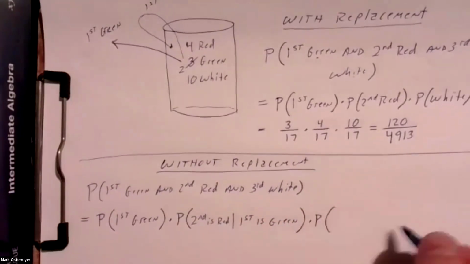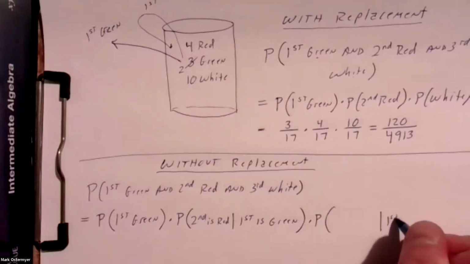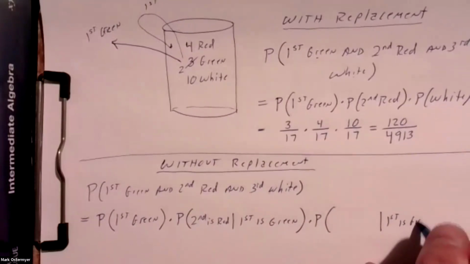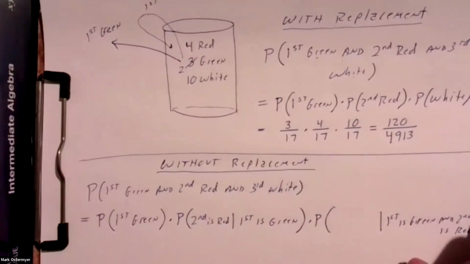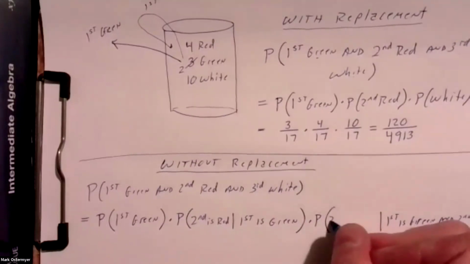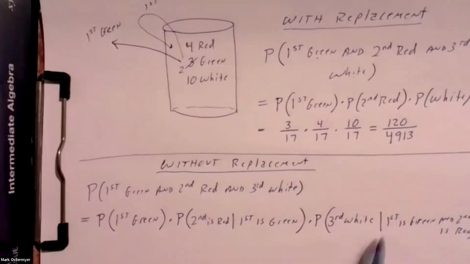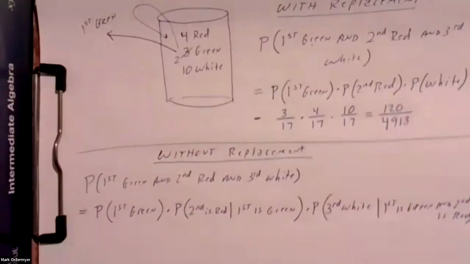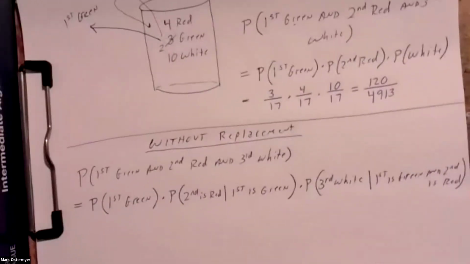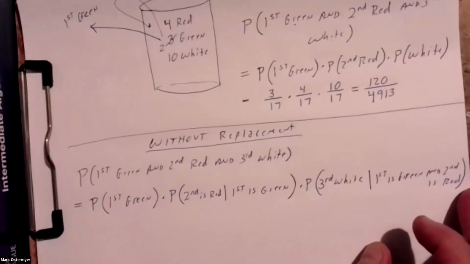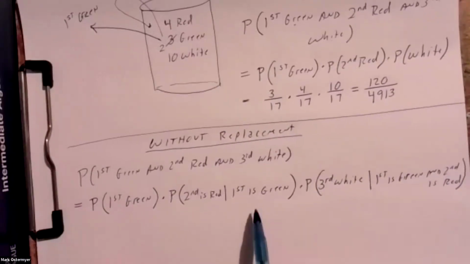Times, given that the first ball is green and the second ball selected is red, what then would be the probability that the third ball is white? These are called conditional probabilities because they are conditional upon what has happened on previous selections.